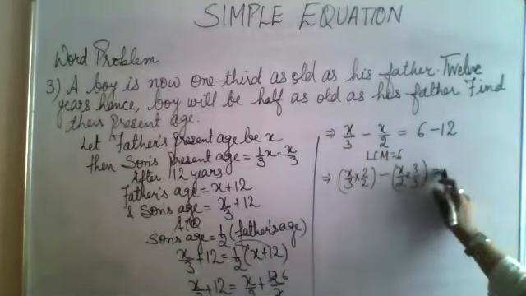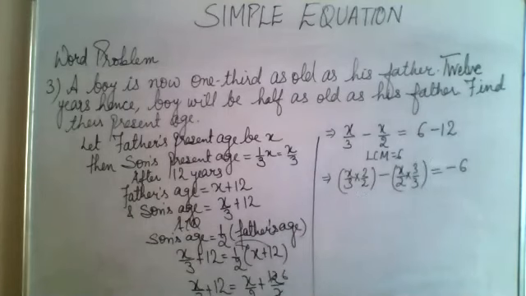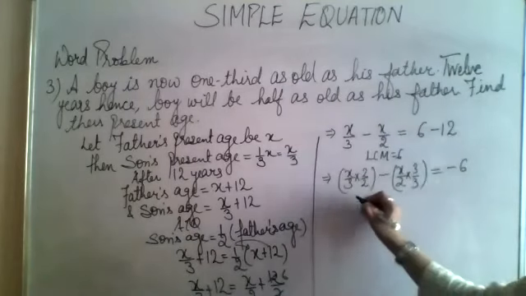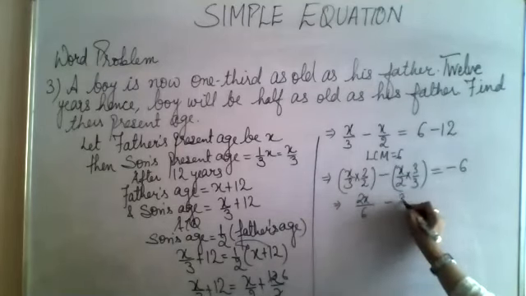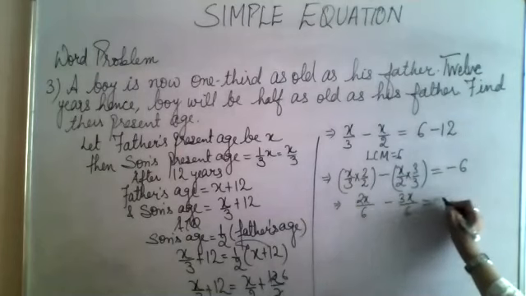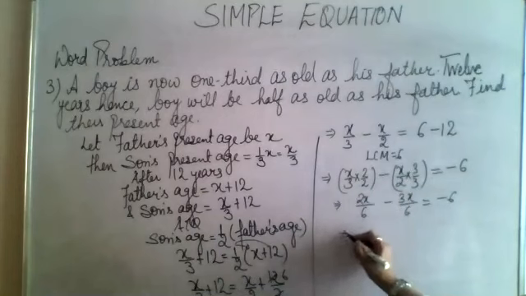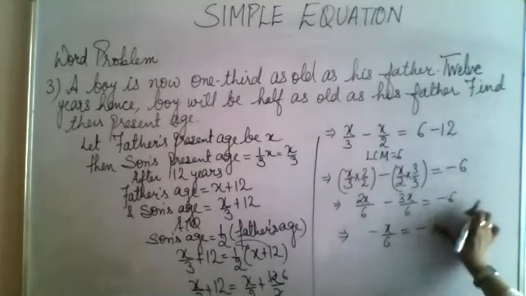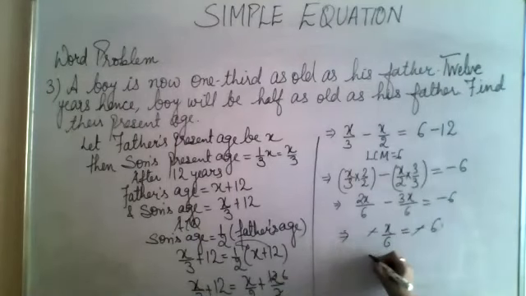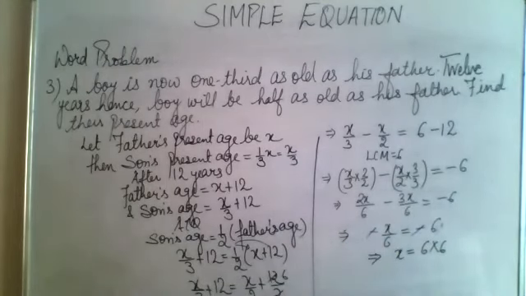And if you solve it, different sign, subtraction, the greater number takes the minus. So 6 minus 12 is minus 6. So 2x/6 minus 3x/6. Same denominator, different sign, the greater has the minus sign. So you will write minus x upon 6. Minus and minus cancelled. So x will be equal to 6 into 6. It means 36.